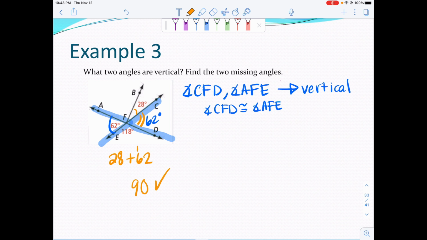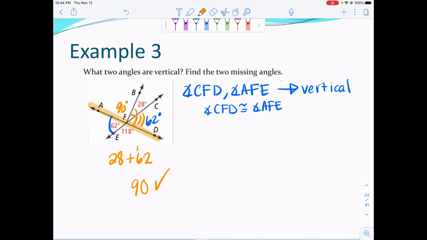So that means this angle here is 90. There's technically an invisible box that's not there, which also means that this angle has to be 90. How do I know that? Well, again, what do I see? I notice that this angle here is a straight angle.